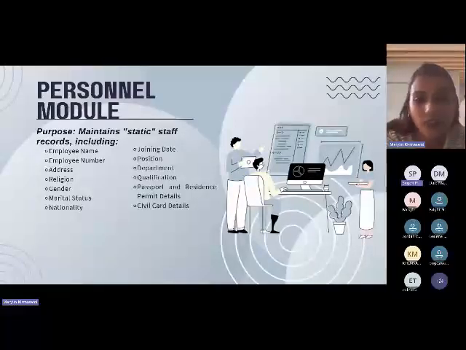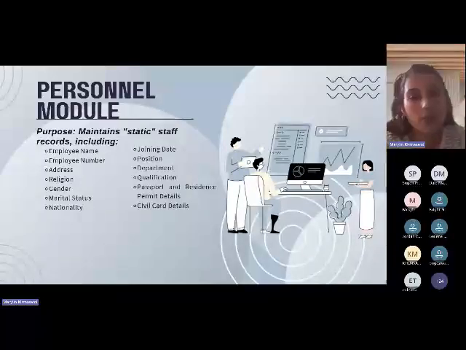That is, if we go through it, your employee name, number, your employee's address, religion, gender, marital status, nationality, joining date, position, department, qualification, passport and resident details, permit details, and then civil card details. And this is just to make sure that when we are reporting on all of our employees, we have all the accurate data.